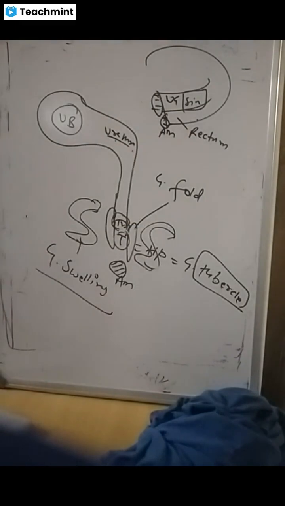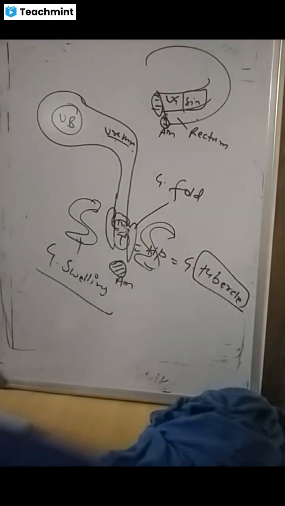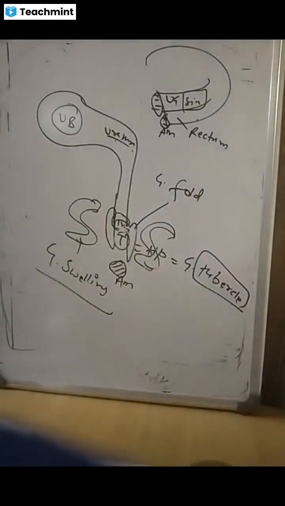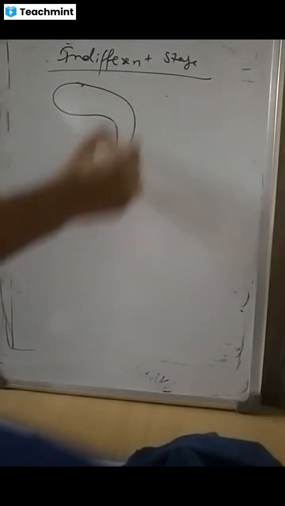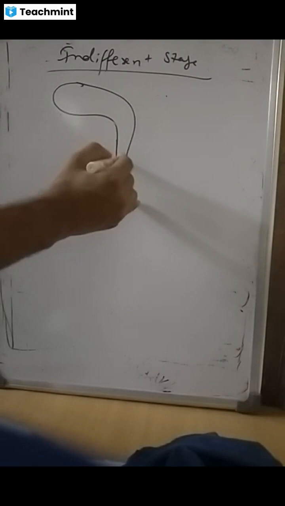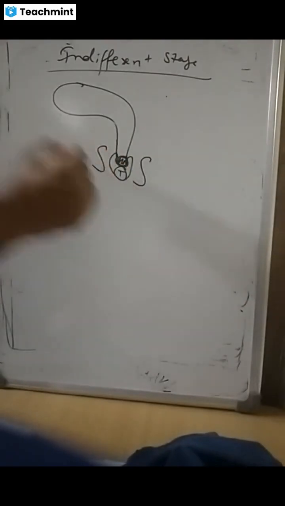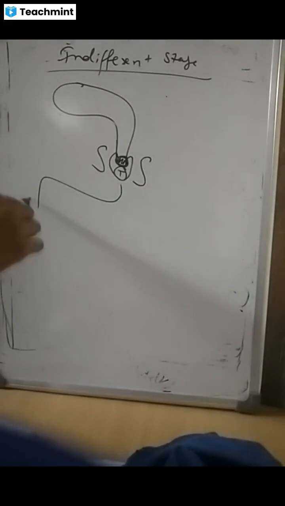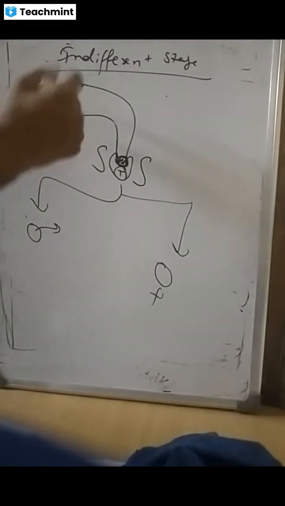This is the indifferent stage, meaning the membrane, tubercle, genital fold, and genital swelling may go into the male or may enter into the female pathway, forming the urethra.